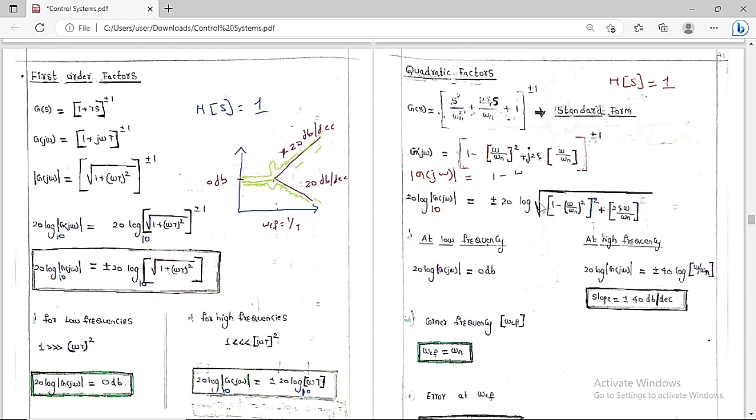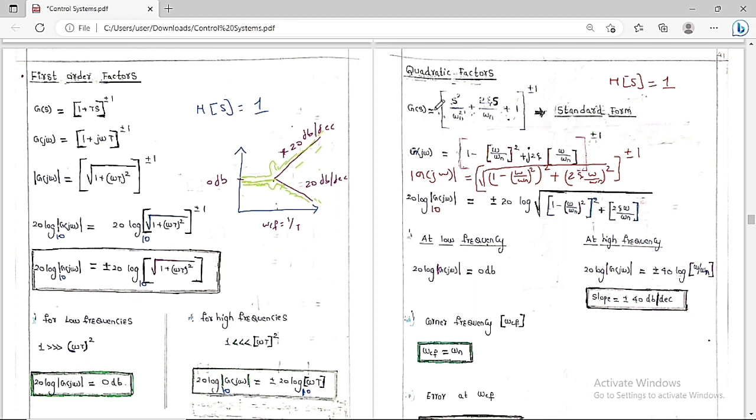So root over 1 minus omega by omega n whole square plus 2 zeta omega by omega n whole square, to the power of plus or minus 1.